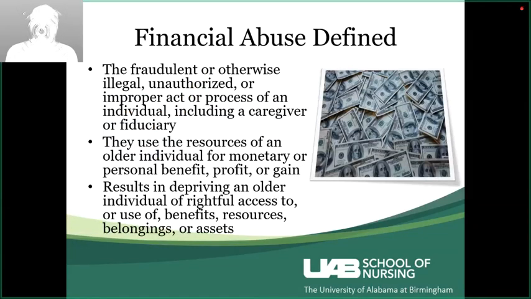Financial abuse is a big deal because it can wipe out the family finances, and you see the older person becoming dependent on other resources. When this happens, the abuser uses the resources of the older individual for monetary or personal benefit.